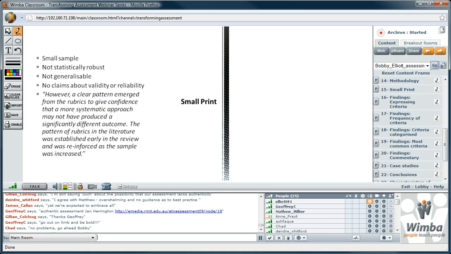Having looked at half a dozen rubrics, a pattern was emerging and the next 14 simply reinforced that pattern. So I know it's maybe not very professional of me to say this, but while the methodology was weak, I am confident that my findings are probably true.